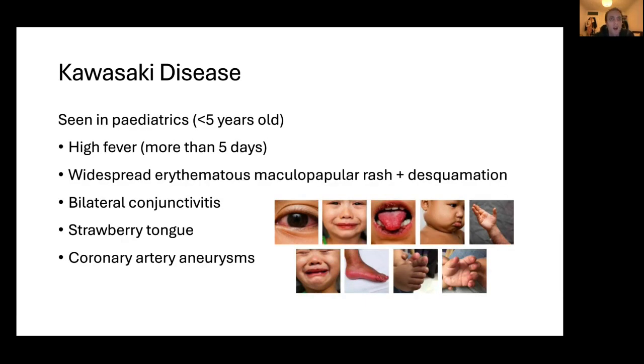So they've got a widespread erythematous maculopapular rash plus desquamation of the fingers, so peeling of the skin on the fingers and the soles. You also hear strawberry tongue. That means a big red swollen tongue with the taste buds, the papillae, giving that strawberry skin appearance. Cracking of the lips, cervical lymphadenopathy, and conjunctivitis in both eyes, so bilaterally, but without any sort of pus exudate.